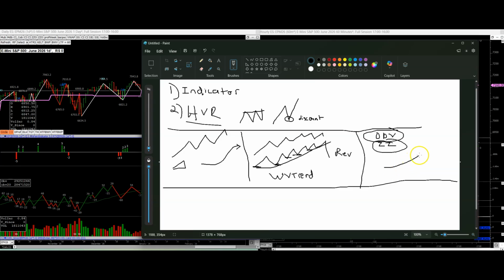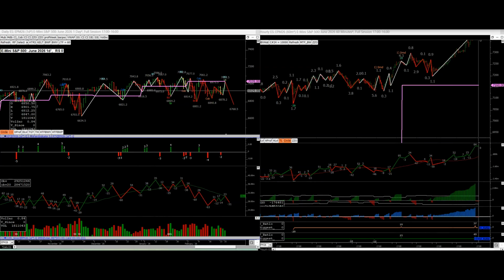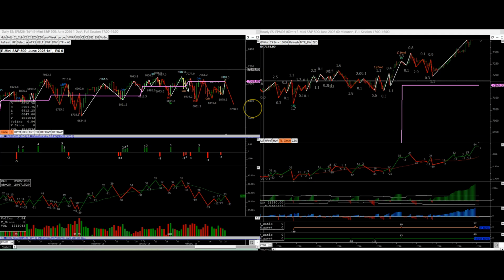So when you have on balance volume going up and down, you can have these zigzags on it, right? And they'll tell you the strength of the buying and the selling. On balance volume is good, but if you don't put a zigzag on it, you can't figure out the strength of the buying versus the selling.